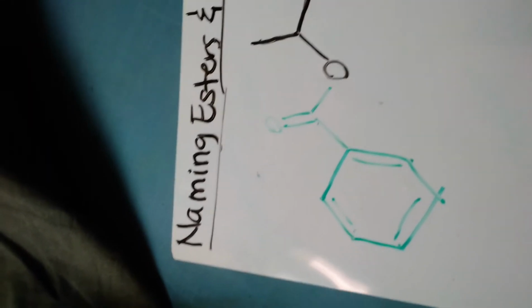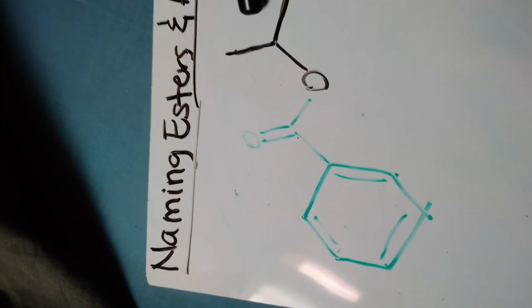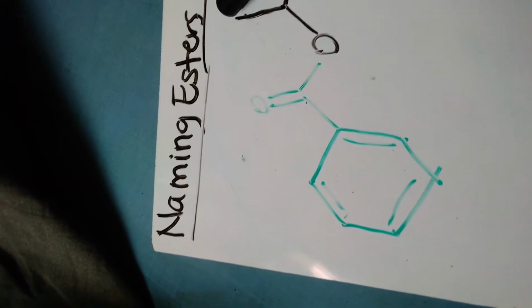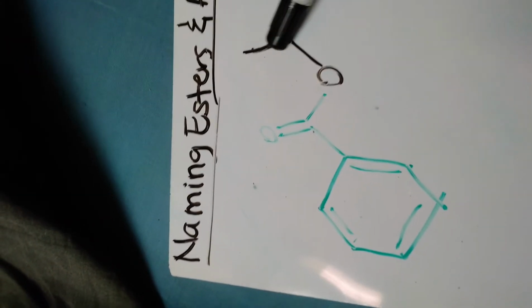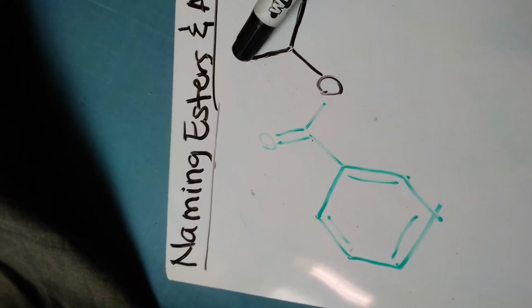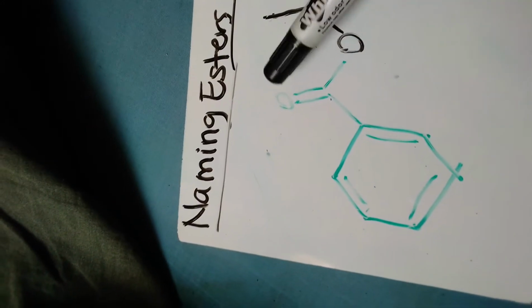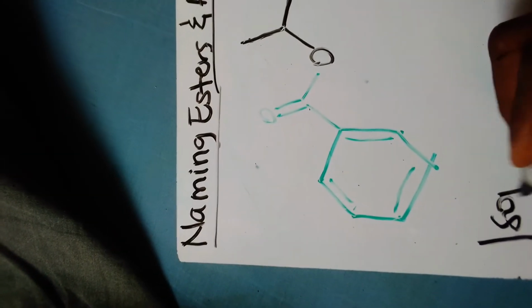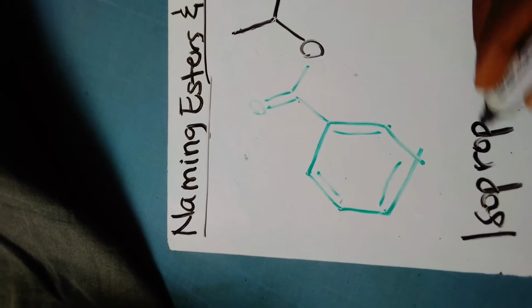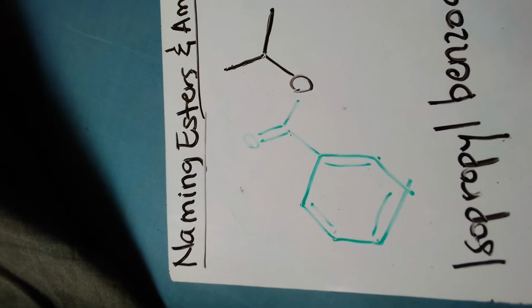This ester is coming from isopropanol. This group is called isopropyl. And this side is benzoic acid. So in naming it, it becomes isopropyl, then this one is benzoic acid, so it becomes benzoate. So the name of this ester is isopropyl benzoate.